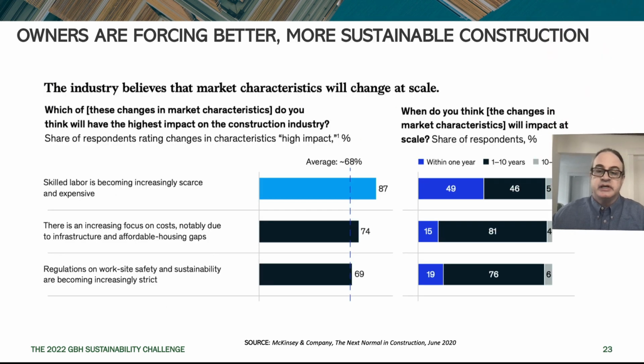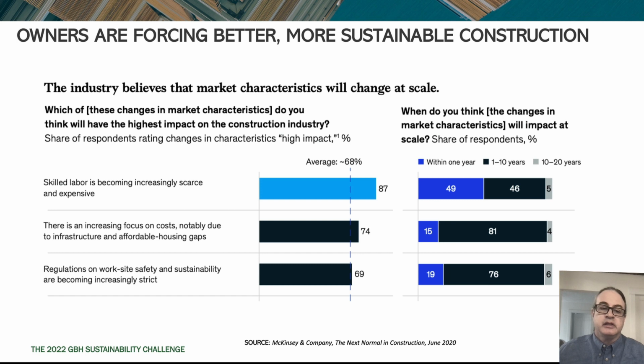But what I will say is that in the McKinsey report, they also did a large survey of industry professionals, and these professionals saw the number 1 driver is the shortage of skilled labor.